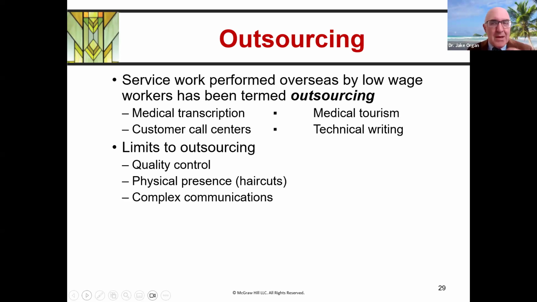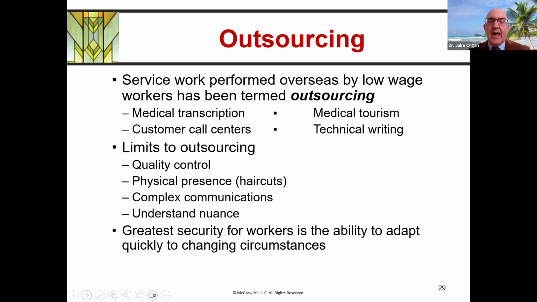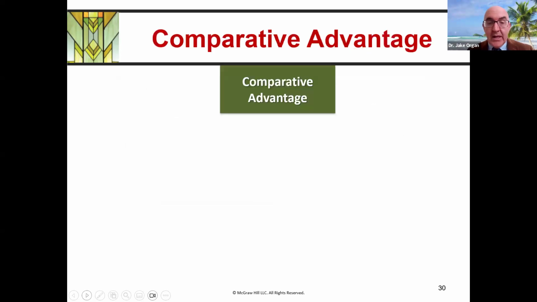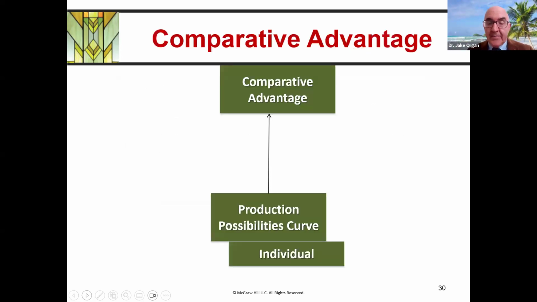When it comes to very complex communication, sometimes I get very frustrated talking to someone from a call center on the other side of the world. Sometimes I don't really understand what you're saying. But ultimately, this whole world of trade and comparative advantage means that people have to adapt quickly to changing circumstances.